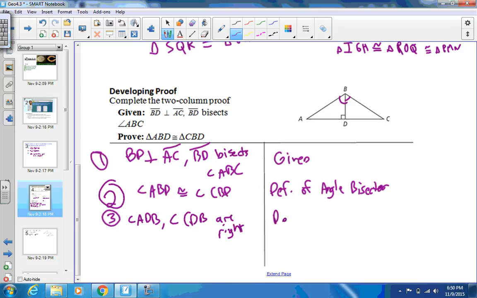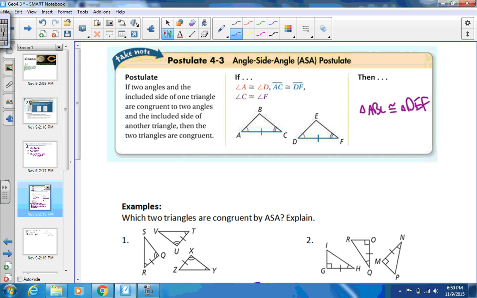That's the definition of perpendicular lines. Perpendicular lines make right angles. So then we know that angle ADB is congruent to angle CDB because right angles are congruent to each other.